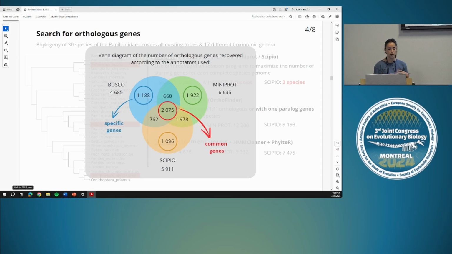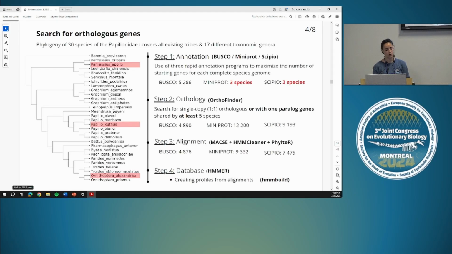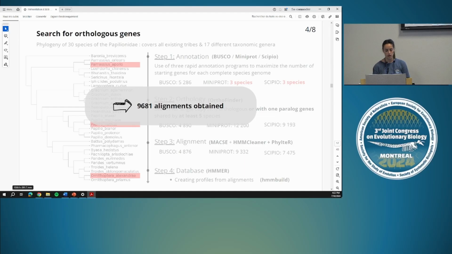If we add up all the parts of this, we end up with 9681 different alignments to build our Papilionidae orthologous genes library. We then created the alignment profiles, and this now constitutes our new library.